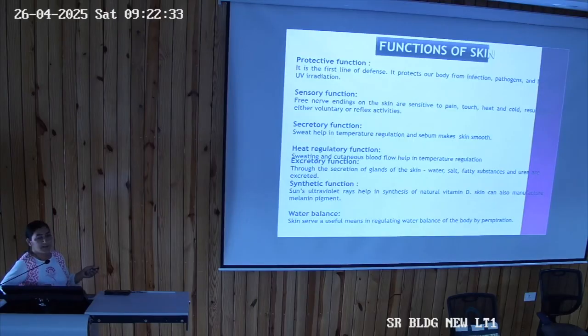Then excretory function. Why? Because the glands keep on secreting water, salty secretions and fatty substances. Synthetic function. What is the synthetic function of the skin? Production of vitamin D. Next is water balance by sweating.